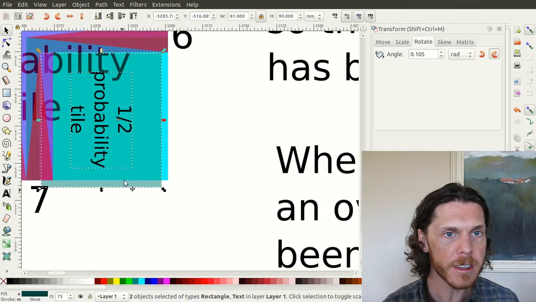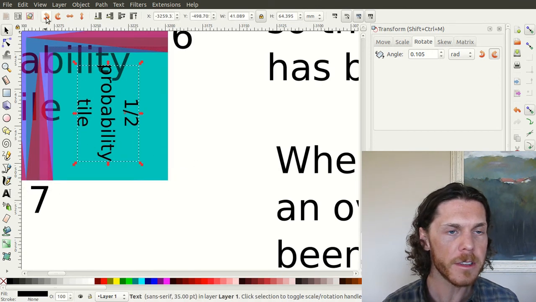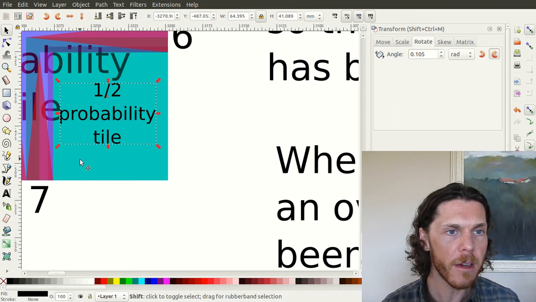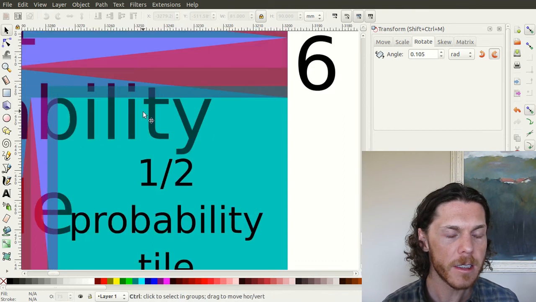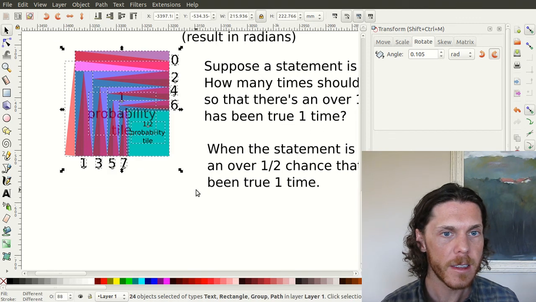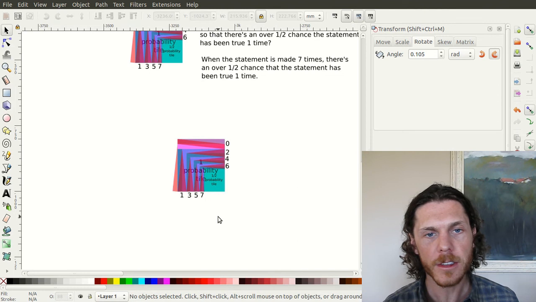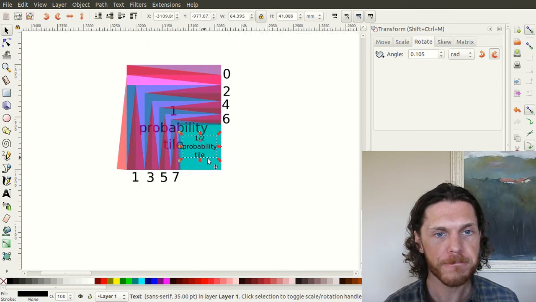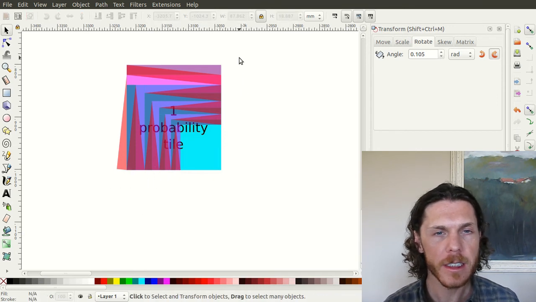Now, since 7 is in the vertical direction, we flip this probability tile so it lines up that way. There we go. So now moving on to some art, just for fun. Well, actually, there's some practical aspect to this.